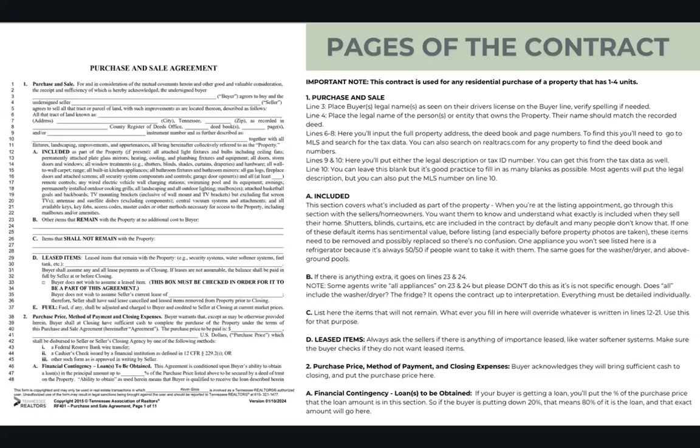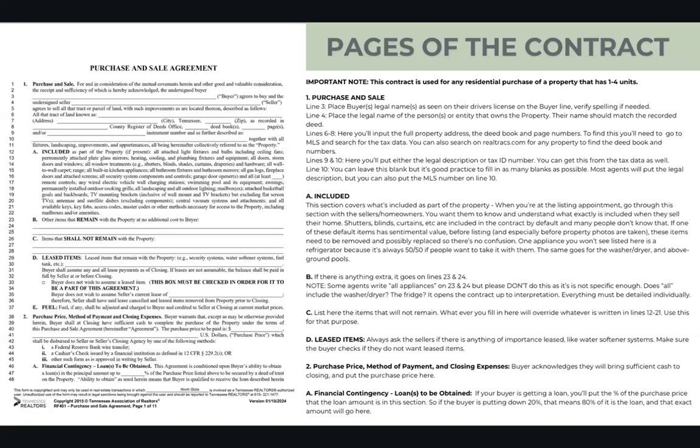One appliance you won't see listed here is a refrigerator because it's always like 50-50 if people want to take it or not. And the same goes for the washer dryer and any above ground pools. If there's anything else, it's going to go on lines 23 and 24.